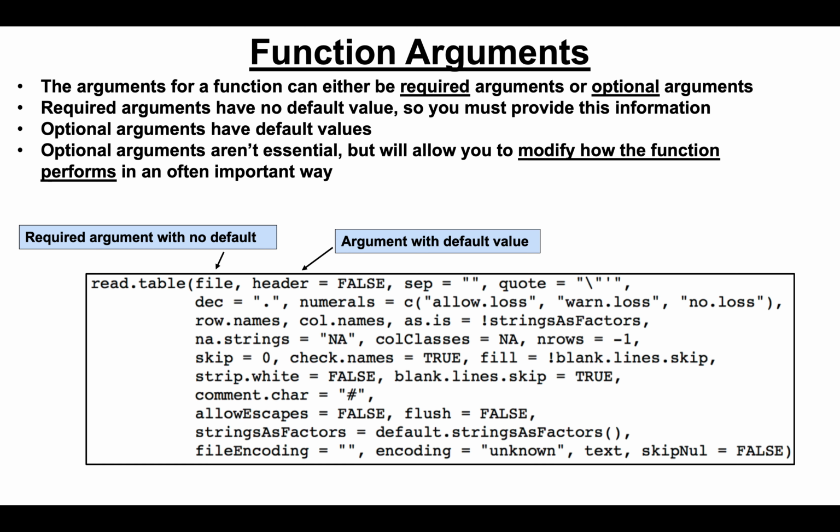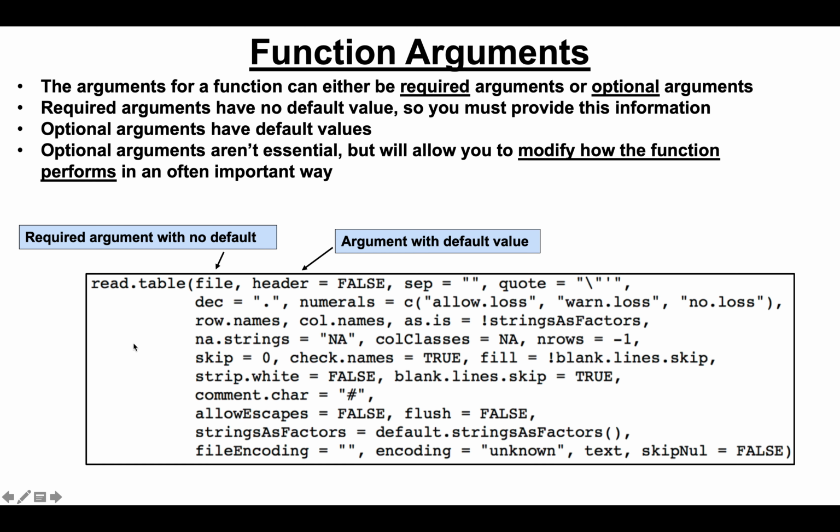But as I mentioned before, in many cases we're only going to need the required argument, and then we typically want to tell it whether or not there's a header and the separator, because if we don't tell it anything, it's going to assume that the separator is an empty character. Here's an interesting argument: you might have a data set where the first, say, 10 rows are some text describing the data set.